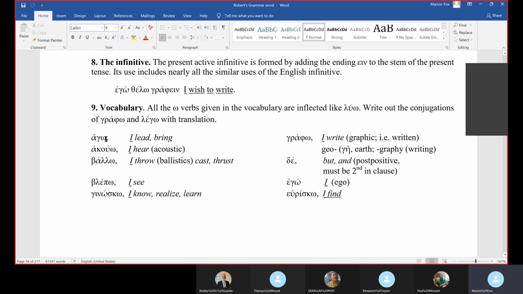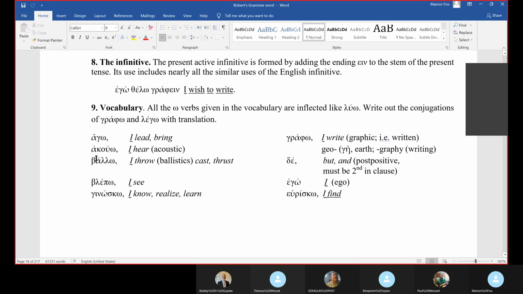Agace, ace, epsilon, iota, sigma, or some omega, that would be you lead, singular. Kuo, notice it's a diphthong, kuo. So you pronounce it kuo. Kuo is I hear. The word acoustic comes from this. And then we have acoustics and acoustical systems and so forth.